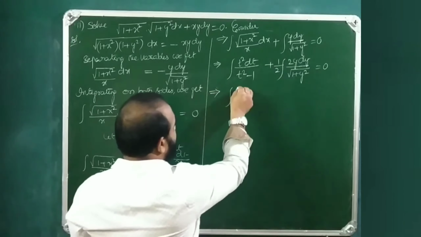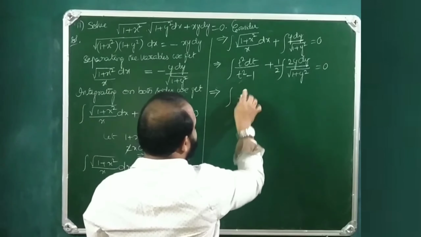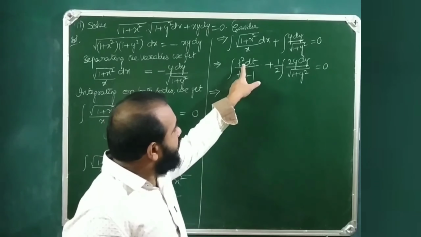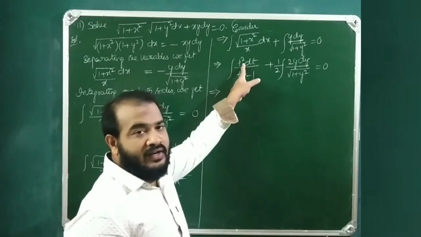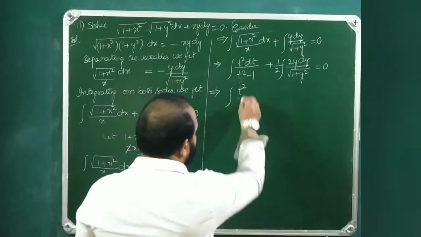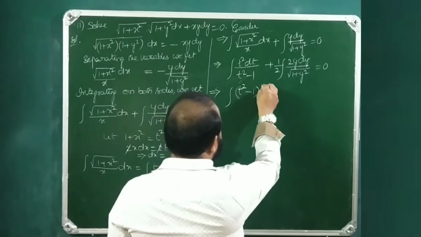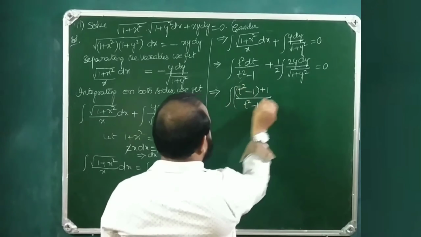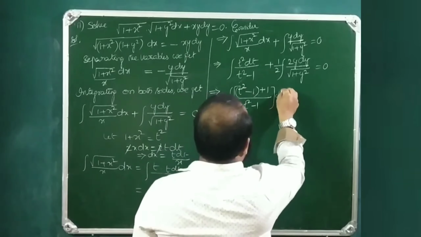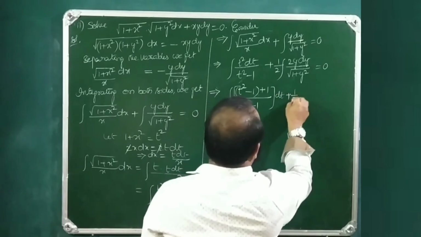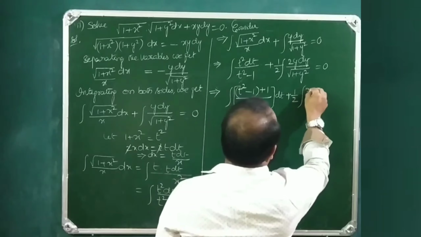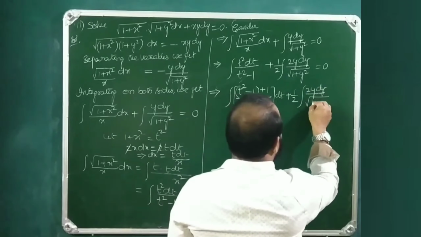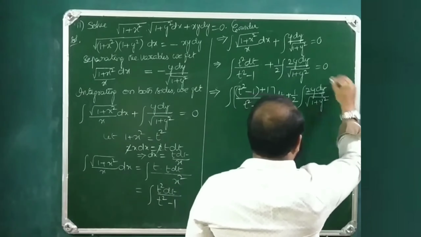So this is t². Now I will subtract 1 and add 1. So (t²-1+1) by (t²-1) dt plus 1 by 2, 2y dy by √(1+y²) equals 0.